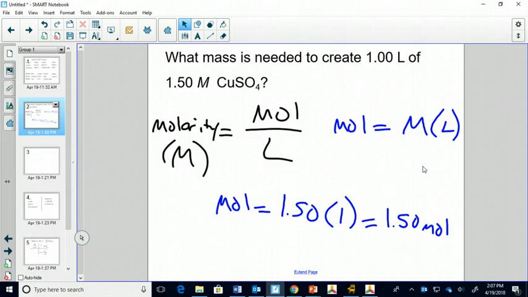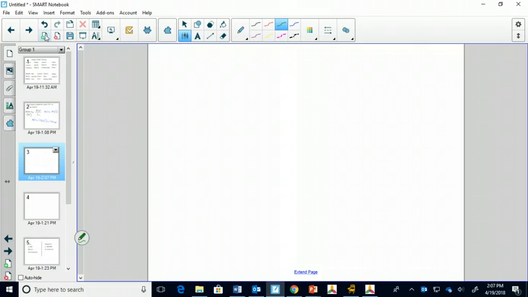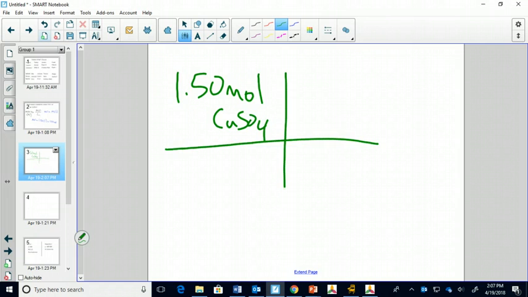Am I done? No, absolutely not. How would I change moles of copper sulfate to grams of copper sulfate? The molar mass of copper 2 sulfate, David said. Right. So if I calculate with 1.50 moles of CuSO4, copper 2 sulfate, I need the molar mass.